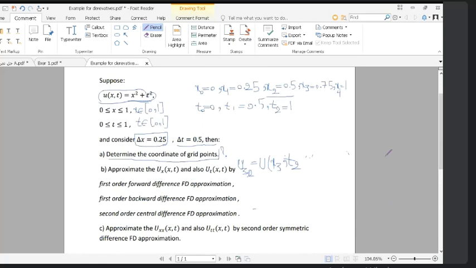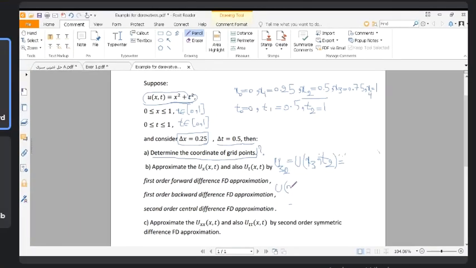U32 equals U at x3 and t2, and it is equal to U; x3 is 0.75, t2 is 1, okay?